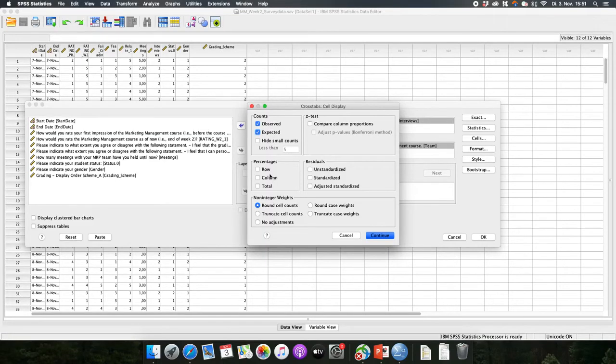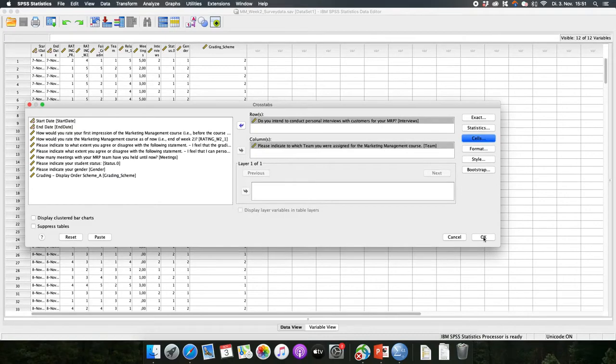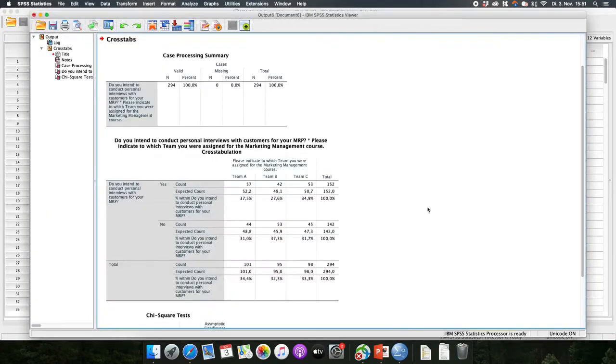In this case, it also helps to include the percentages rather than just the counts. So to compare within the yes and no, do you want to do interviews, the rows, I'm going to include these percentages. Then hit continue and run the test.